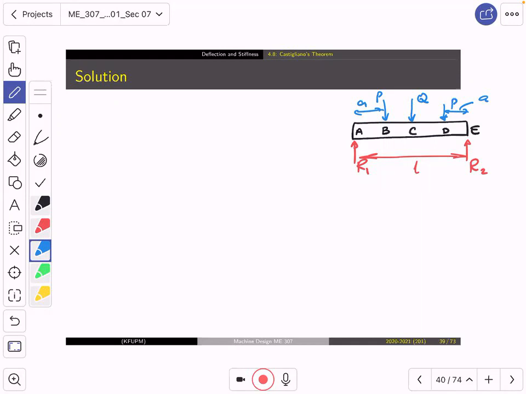Now, if I want to solve this problem, the first thing I need to do is to find the reaction forces.